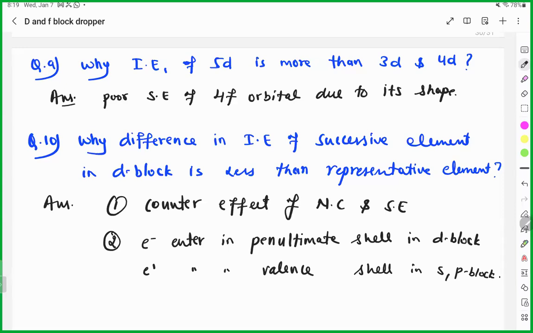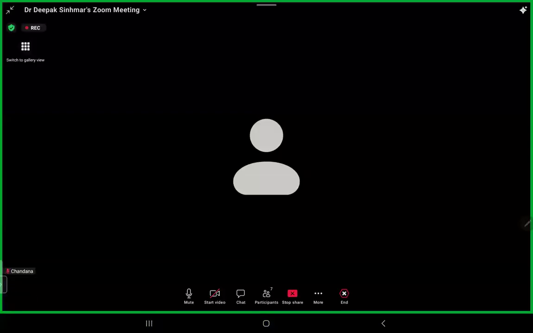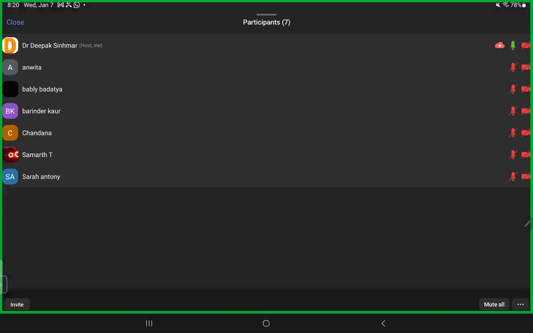Yes, sir. How is this method of questioning going for this chapter, especially this topic? Everybody tell me how it is going. Anvita, how is this method of doing questions?